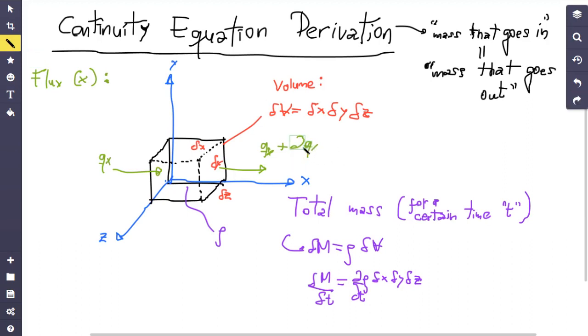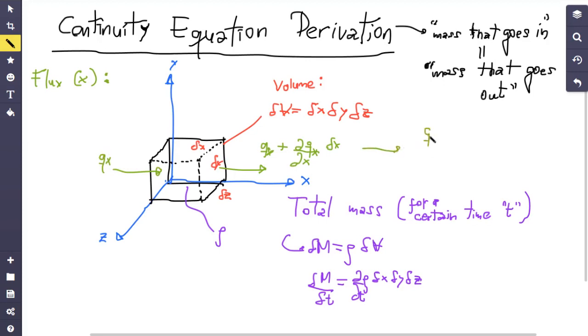Sorry, I'm getting used to this pen, this digitizer tablet. So, plus a first order approximation of the variation of this discharge. So how do we calculate this discharge here?